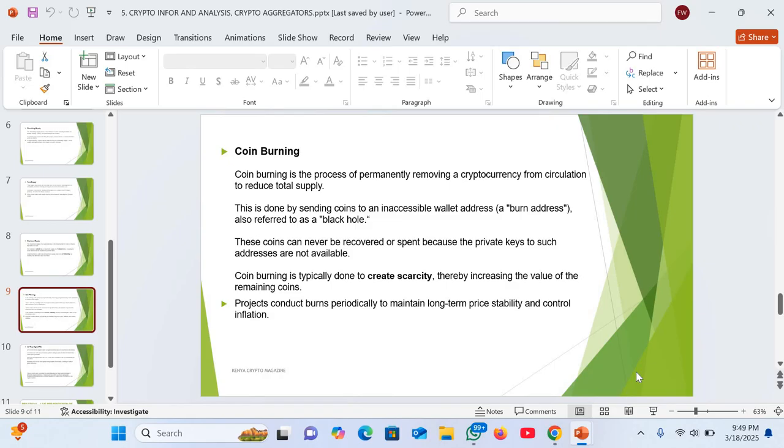So in this case, if a project like Shiba Inu, it is a meme coin, yes, if the developers are able to reduce the circulating supply by a quarter, you realize that over time, the value of Shiba Inu will increase. Around December 2024, we all noticed that Pepe hit a new all-time high.